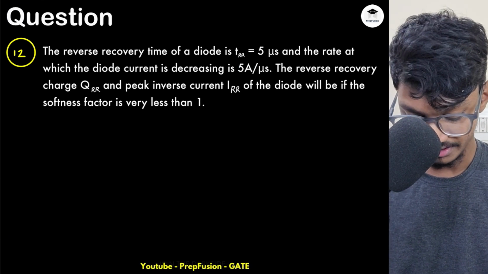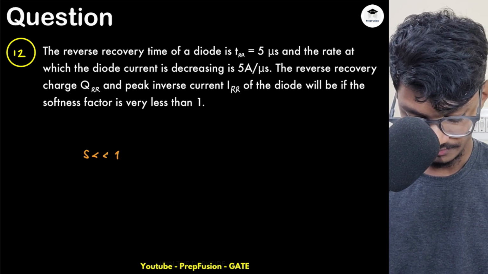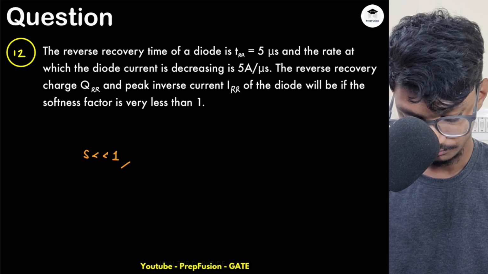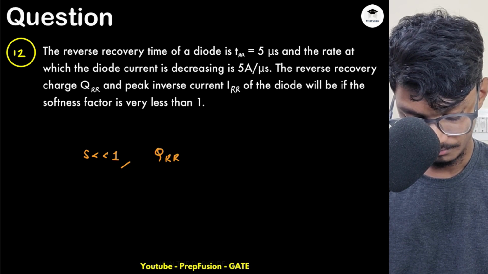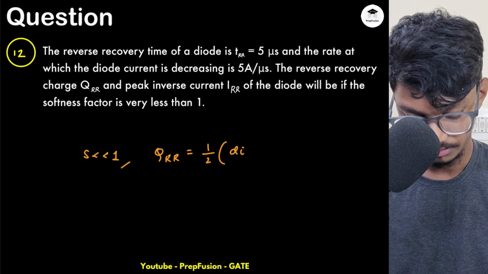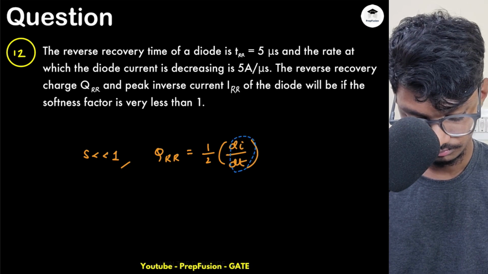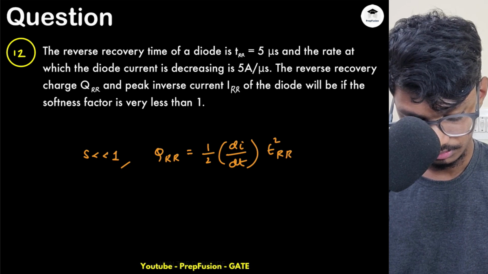So if the softness factor S is very less than 1, QRR equals 1 by 2 di by dt into TRR whole square.